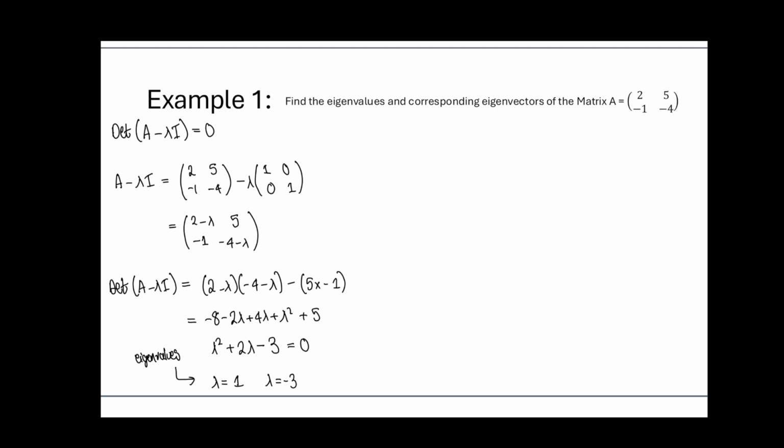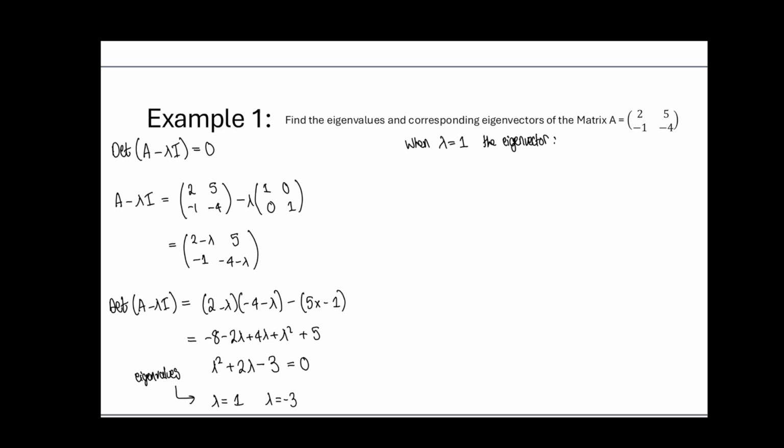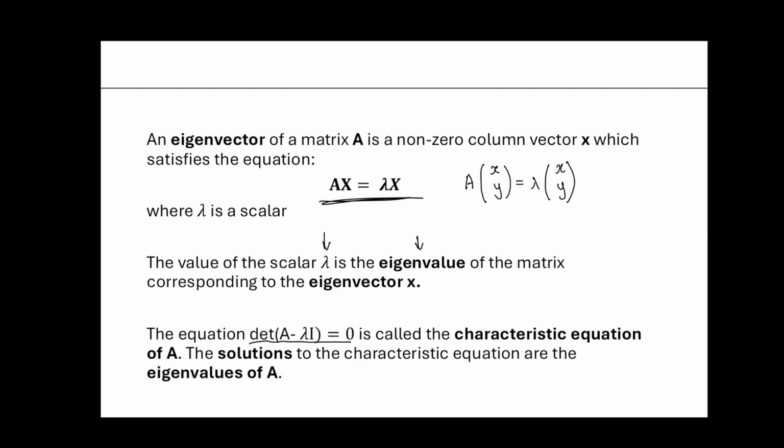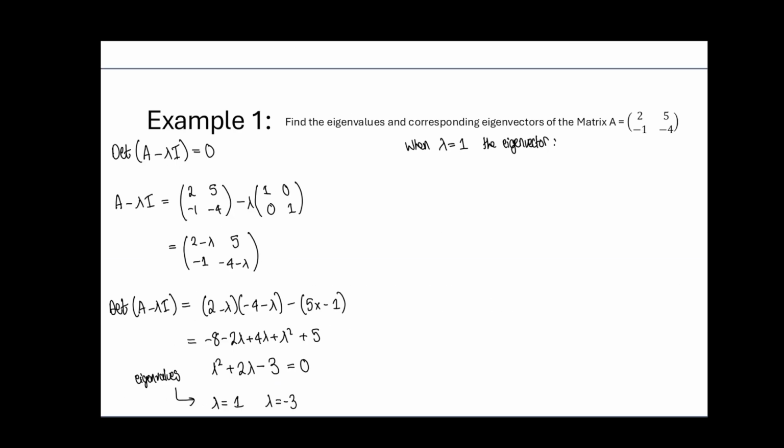If we now use our eigenvalues to find the eigenvectors, so when lambda is equal to 1, to work out eigenvectors, we have to use this equation that we have here. So A, which is (2, 5; minus 1, minus 4), multiplied by the eigenvector, which we don't know, so we'll put (x, y), is going to be equal to lambda, which is 1 in this scenario, times the eigenvector again.